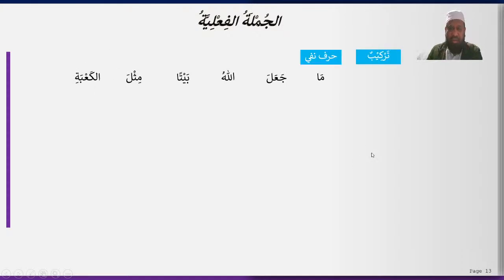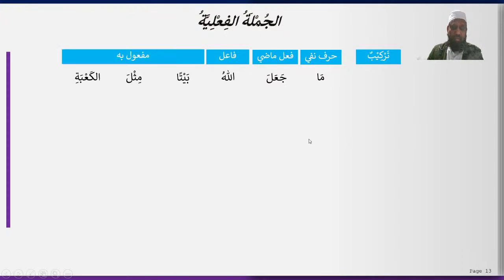ما حرف نفي. جعل فعل ماضي. لفظ الجلالة الله فاعل. بيتا مثل الكعبة, this is one slot, مفعول به. In this we have two phrases. One is منعوت ونعت.